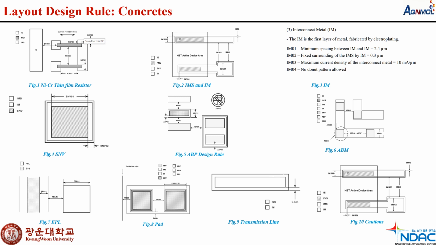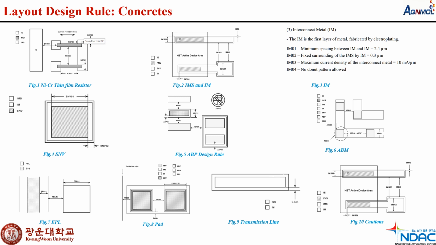In figure number 3, this is called interconnect metal, in short IM. The IM is the first layer of metal fabricated by the electroplating system. In figure number 4, this is the second nitride via.